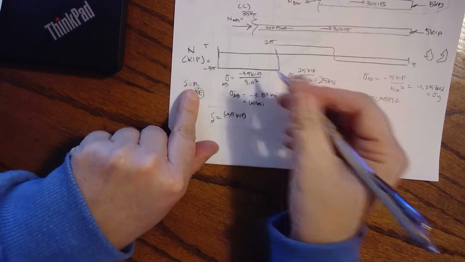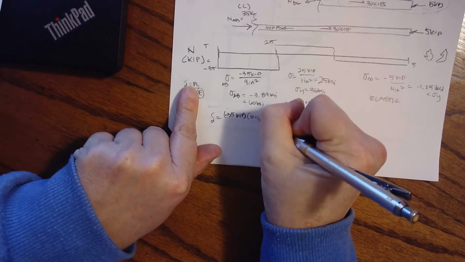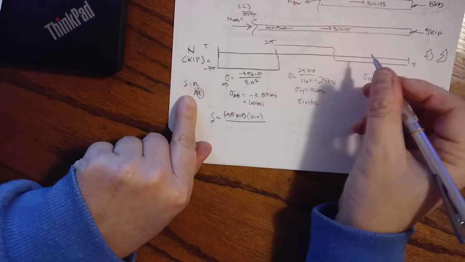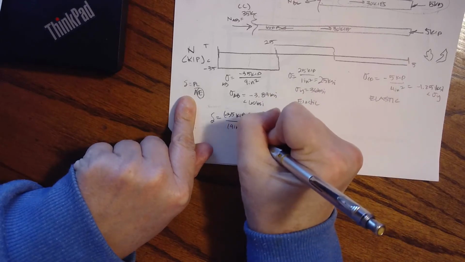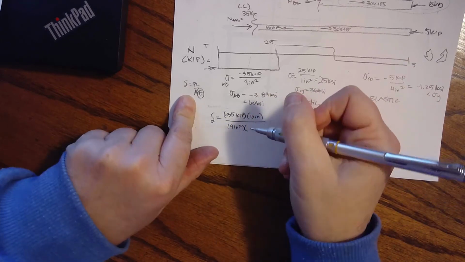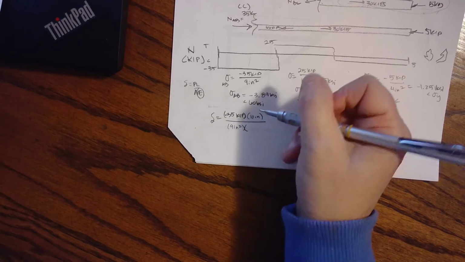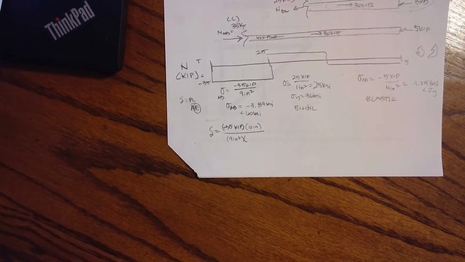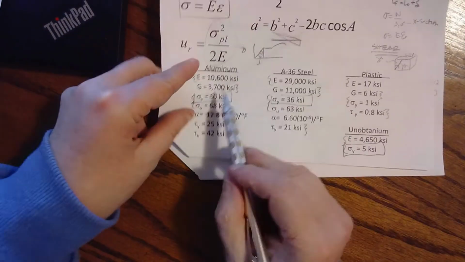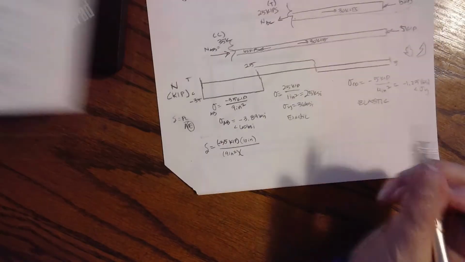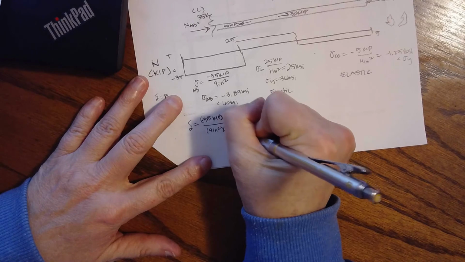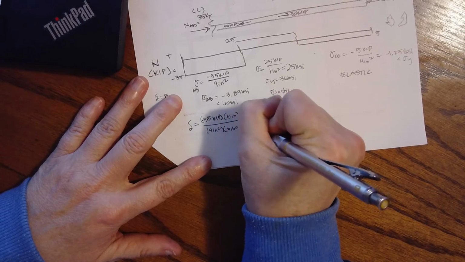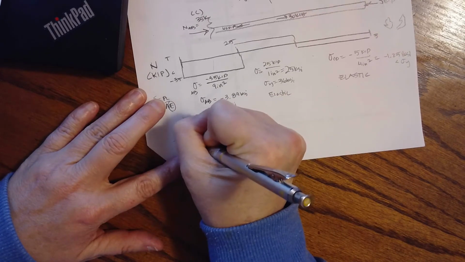My original length is 10 inches, my area is that 9 inches squared, and E, if I go back and look on my sheet, that's why you're given these sheets, is given as 10,600 KSI. And this is from A to B.